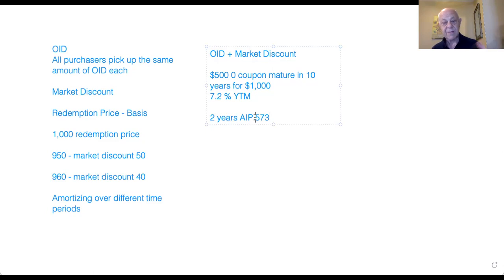And again, 7.2% times 500 gives us 36, and then 7.2% times 536 might give us about 37. So again, I'm just rounding, but let's say after 2 years, the revised issue price is $573.